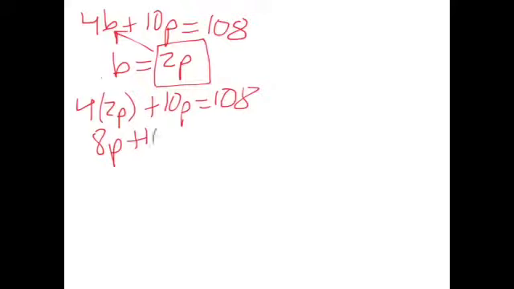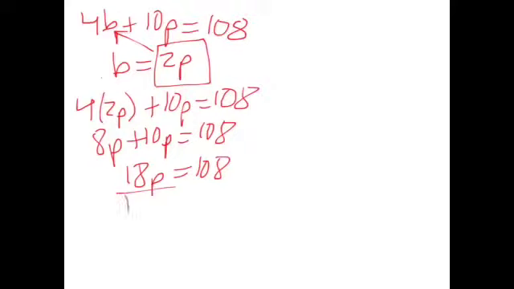So 8P plus 10P is going to give me 108. Combine those to get 18P equals 108. Now I just need to divide both sides by 18 to get P by itself. And I'll get P equaling, I don't know that off the top of my head, but I think it's 6. Yep, 6. So the number of plants that she got was 6.